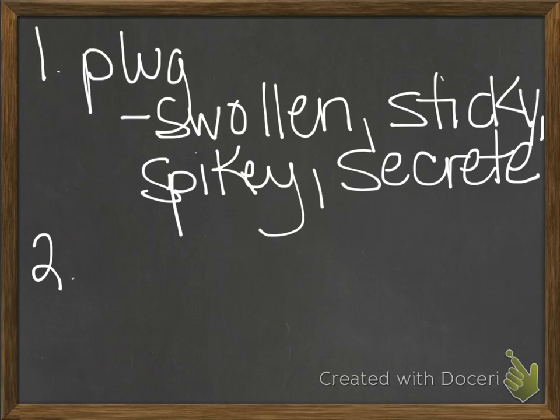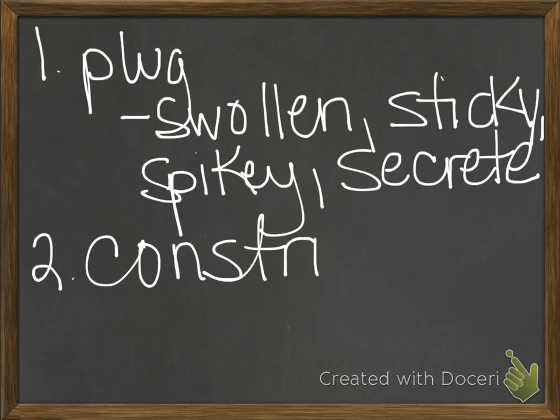The second thing is that they help constrict the damaged blood vessels. And if you remember the whole inflammatory process, part of that process is vasoconstriction, and platelets actually help with this. The third thing that our platelets do is they, again, like I said, they secrete certain things. So they're going to provide substances that accelerate clotting.